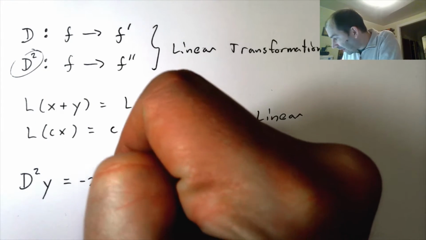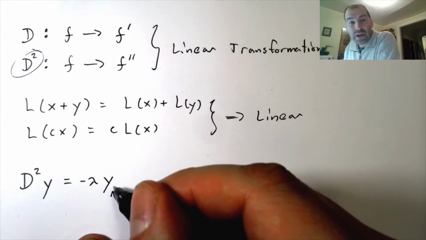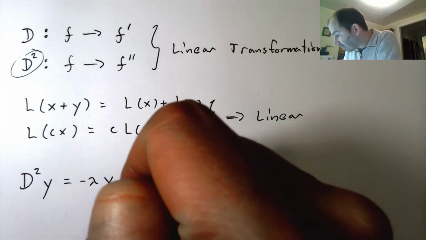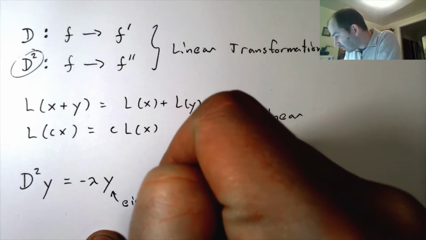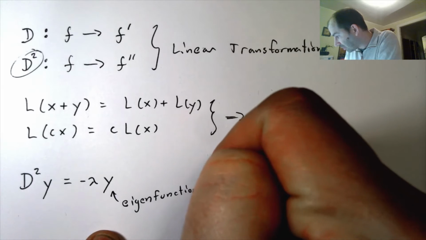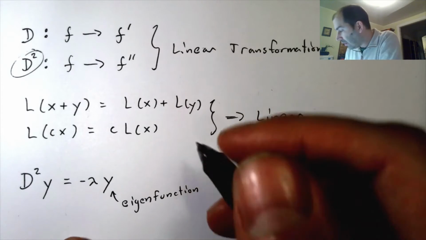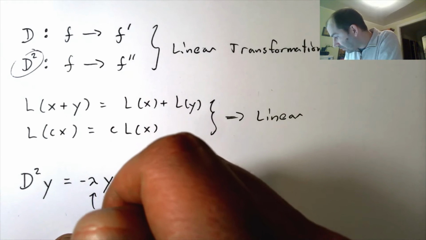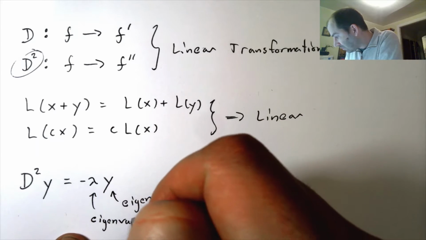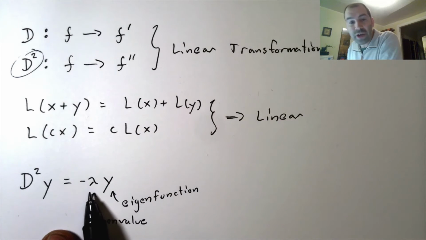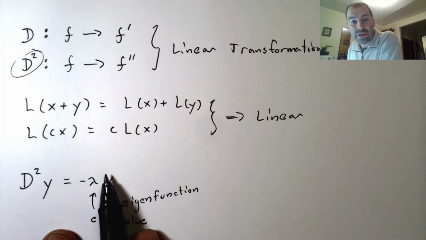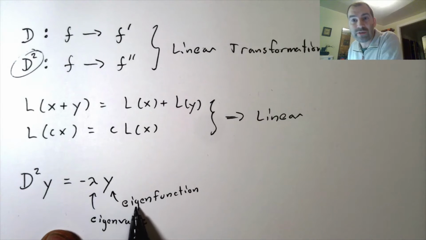This guy here is the eigenvector. Now we're going to call it the eigenfunction, just to be clear that it's a function, but you could call it an eigenvector if you wanted to. This is the eigenvalue. The real number is the eigenvalue, the function is the eigenfunction.